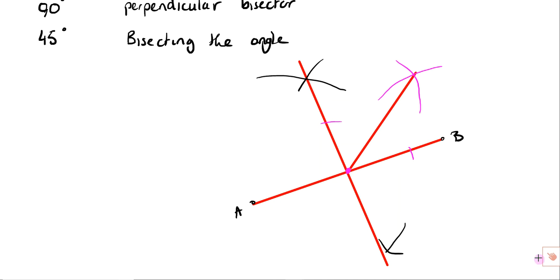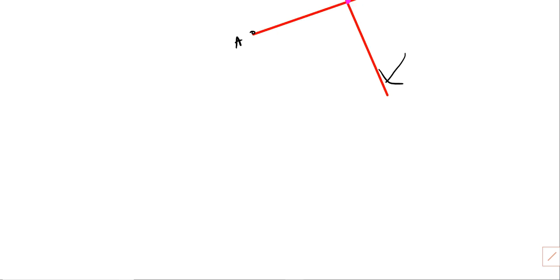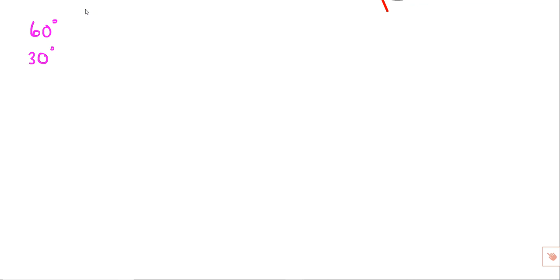Okay. What I asked then was, how about constructing a different angle? So I asked for 60 degrees and then 30 degrees. Now, for 60 degrees, what we need to do is learn how to construct an equilateral triangle. And why does that give me 60 degrees?